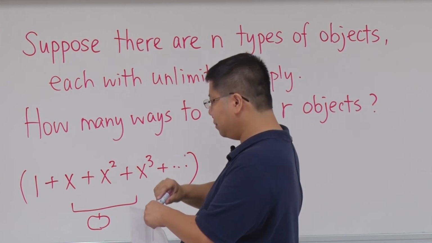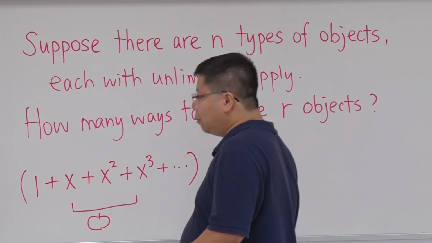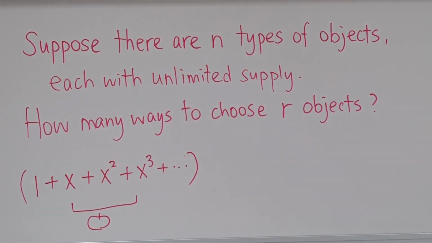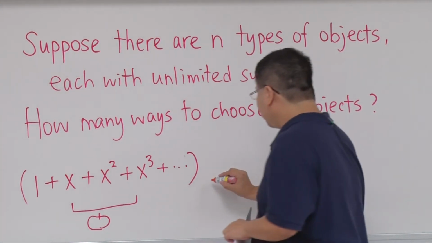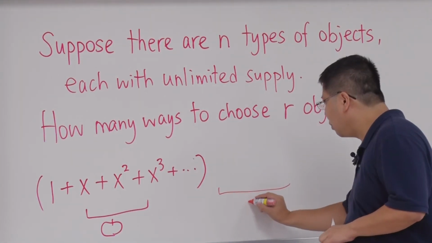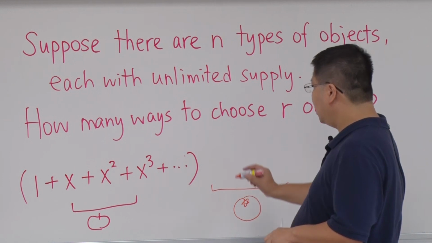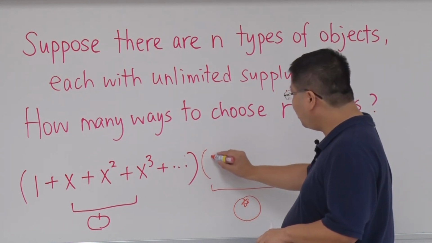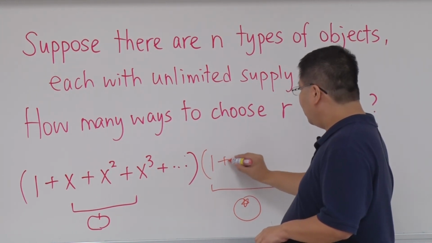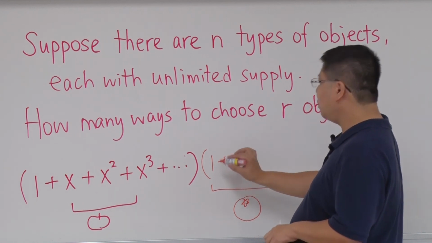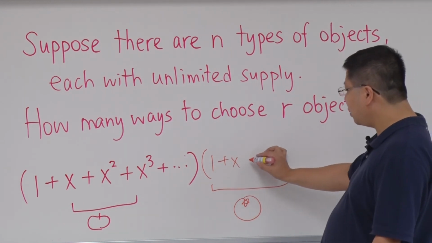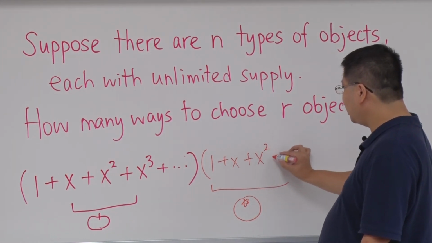And then we should have a generating function for the second type of object, the orange. It is also the same: one way to select 0 oranges, one way to select 1 orange, one way to select 2 oranges, and so on.